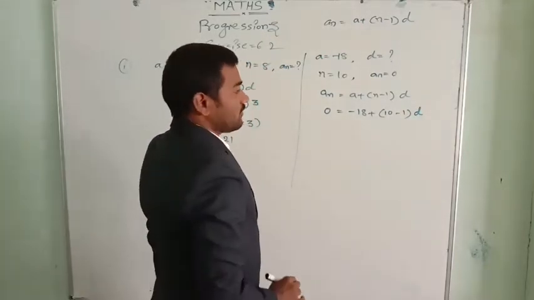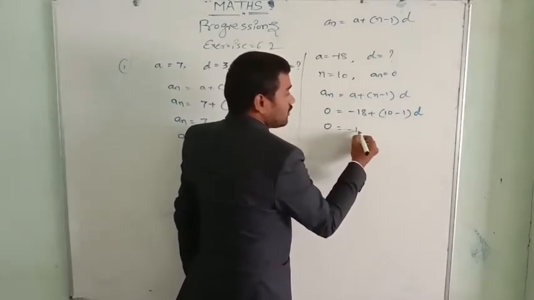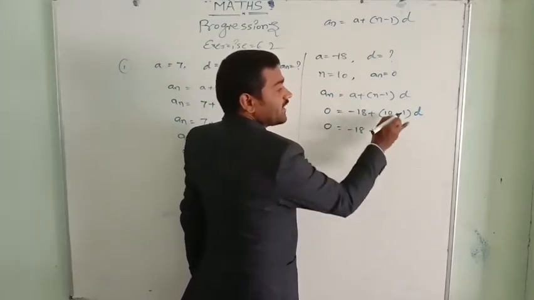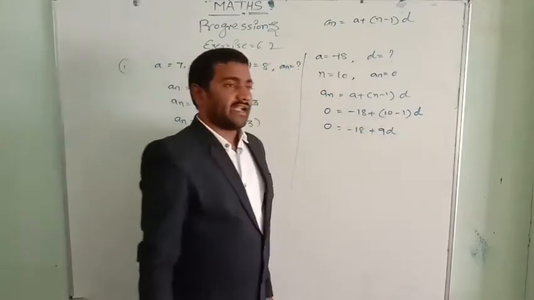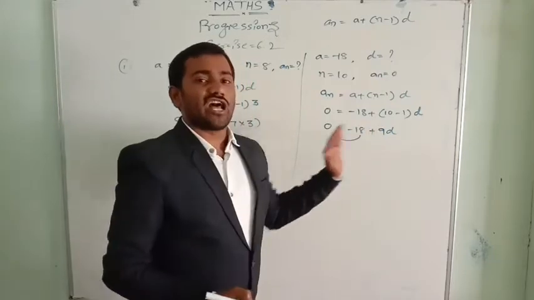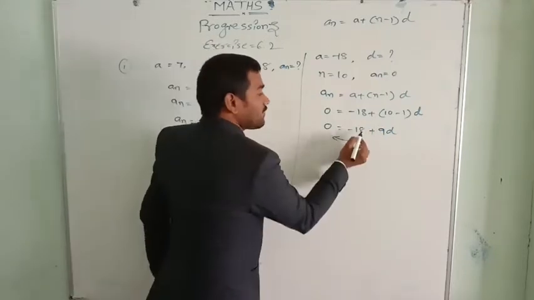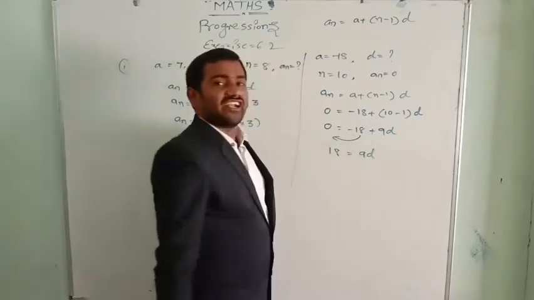Now let us solve the problem, children. 0 equal to minus 18 plus 10 minus 1 is 9 into d, 9d. So this minus 18 we need to transfer to the LHS side. That minus 18 becomes plus 18, that equal to 9d is left at the RHS side.